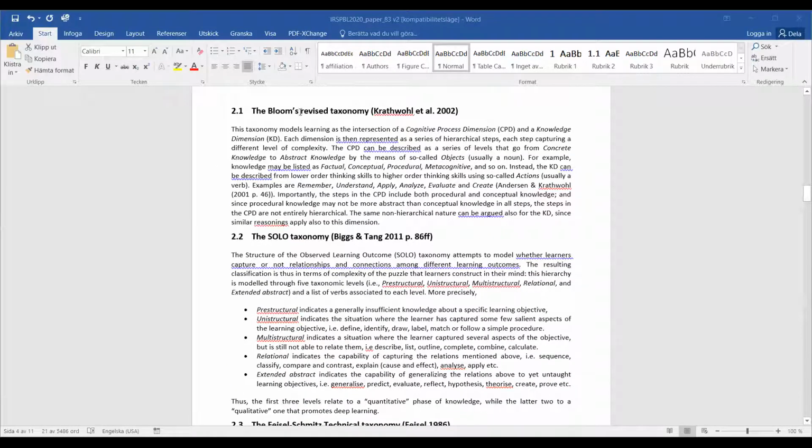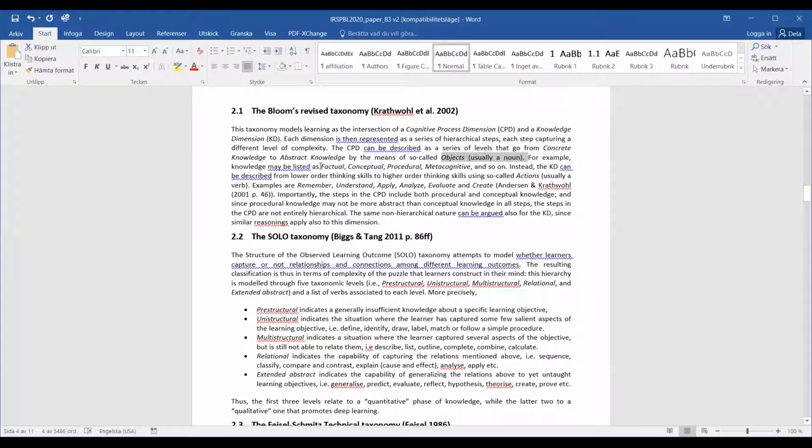If you see here, you have the Bloom revised taxonomy. There you have something called the cognitive process dimension, and it's two-dimensional. You have the knowledge dimension and the cognitive process dimension. There you have nouns, they call objects.